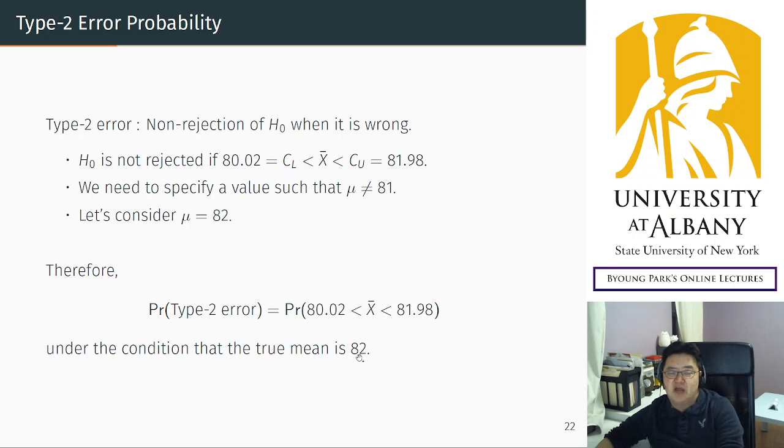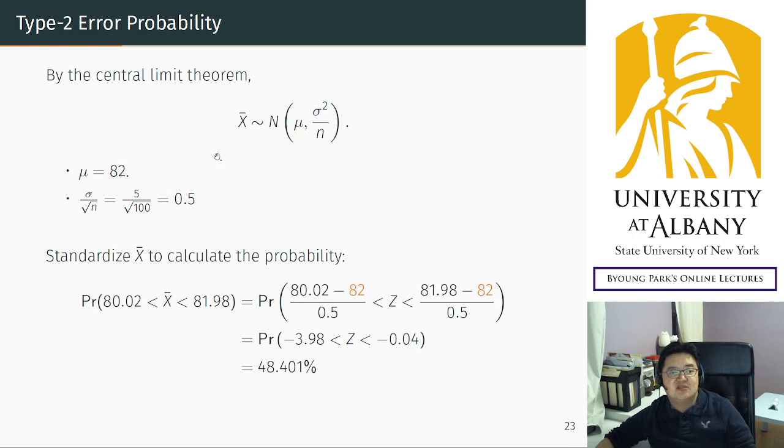So the null hypothesis is wrong, but it is not rejected. Then let's see how we calculate this. The idea is the same. We are going to use the same sampling distribution, but the difference here is this part. Now the mean parameter is 82 because that's what we assumed.